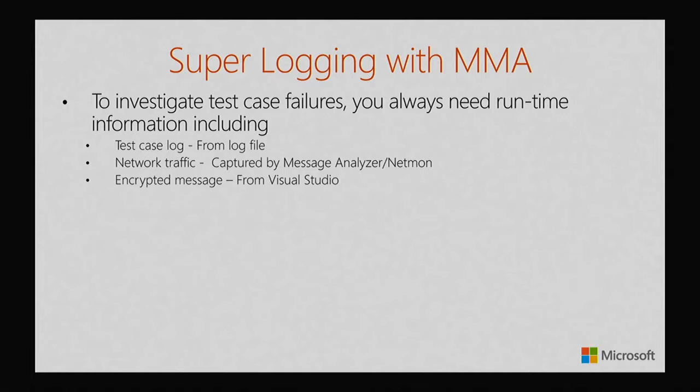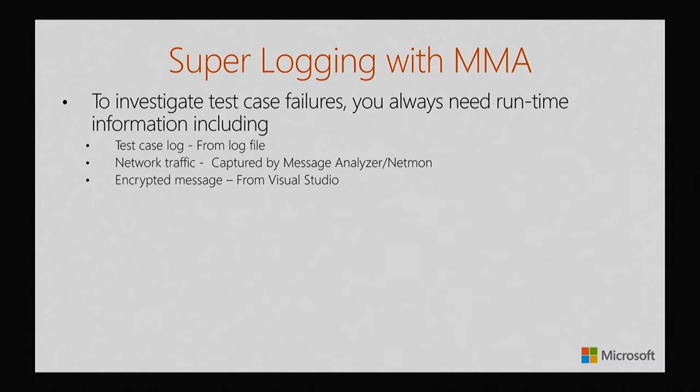For the network traffic, it is captured by the Message Analyzer, or Netmon. So you need to use the MMA to look at the network traffic. The third one is the encrypted messages. You need to look at the message from Visual Studio.